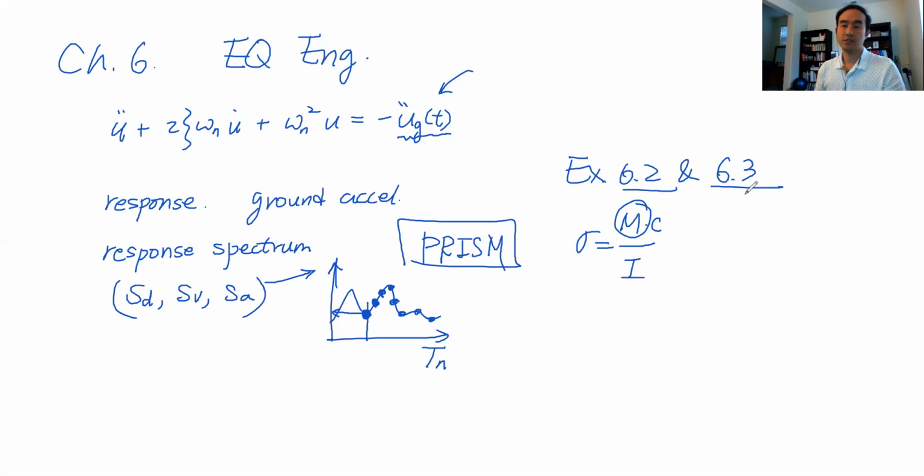6.3 is kind of an interesting example problem. You might remember that we initially had a certain size of steel pipe. The designer thought that this was not enough, so he or she increased the size, but how does that increase of the steel pipe affect the response value, the response spectrum?